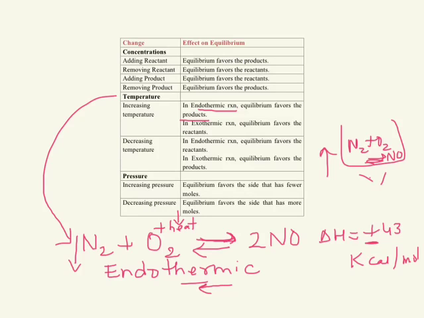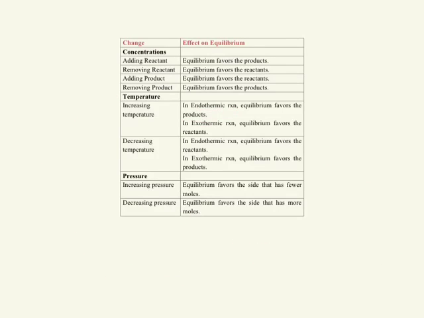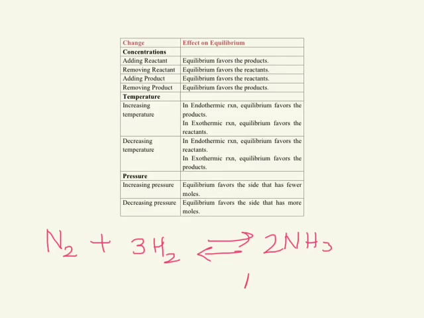Let's take another example. I'm going to take an exothermic reaction example: N2 plus 3H2 gives 2NH3, and delta H for this reaction is negative 22 kilocalorie per mole. Negative value means this is an exothermic reaction.